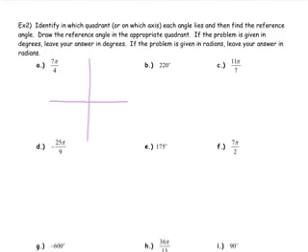Hopefully you're familiar enough with your radians to remember that this is 0 pi on the starting place, and this is 1 pi, and this is also going to be 2 pi.